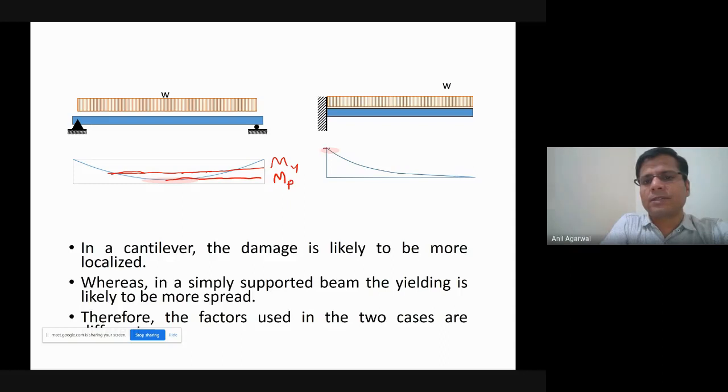Whereas in this case, if this is the MP value and this is My value, the portion that is undergoing damage is very small. Here, the portion that is undergoing damage is very large.